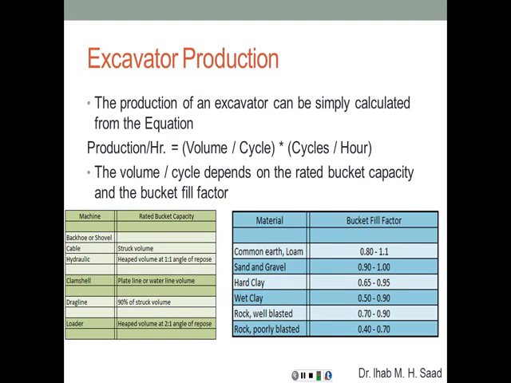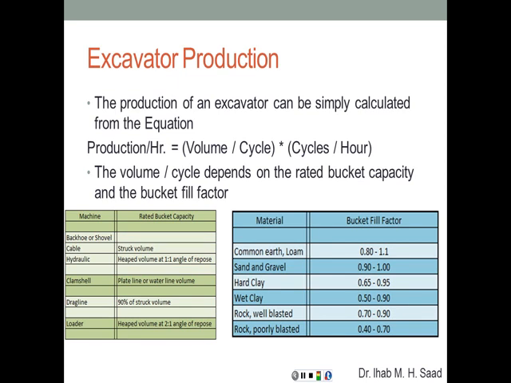So for example, for a backhoe or shovel that's cable, the rated bucket capacity is the struck volume. So if the bucket size is, let's say, 2 cubic yards, the struck volume means that there's no heap, just at the surface of the bucket. That's the maximum capacity.